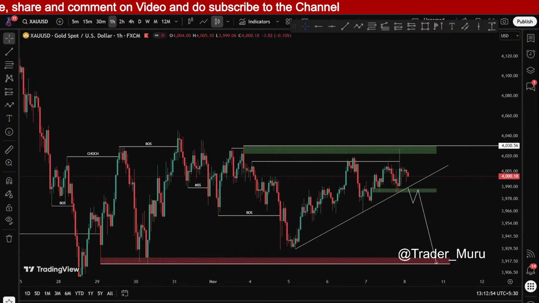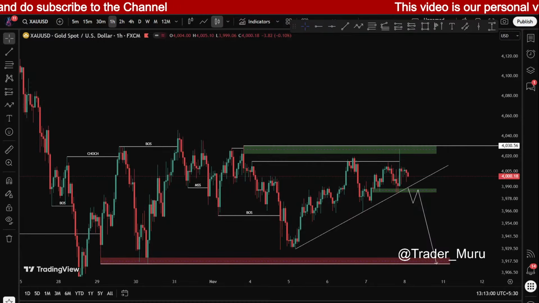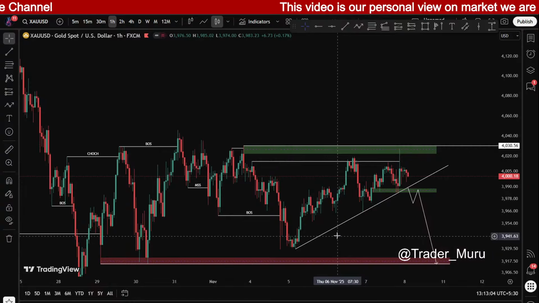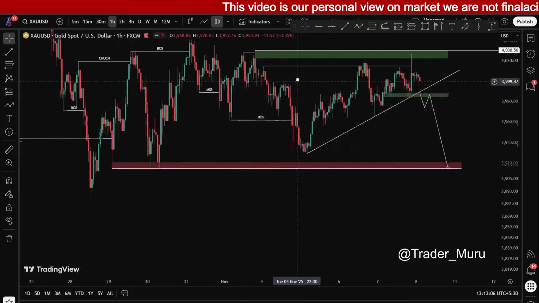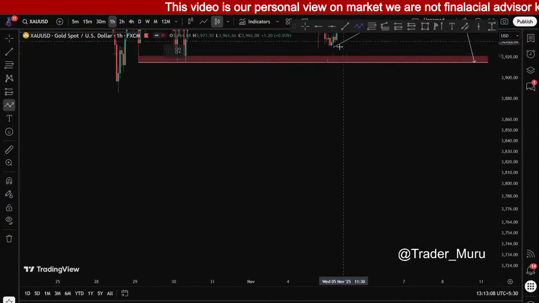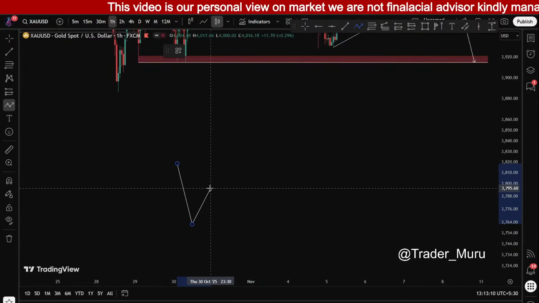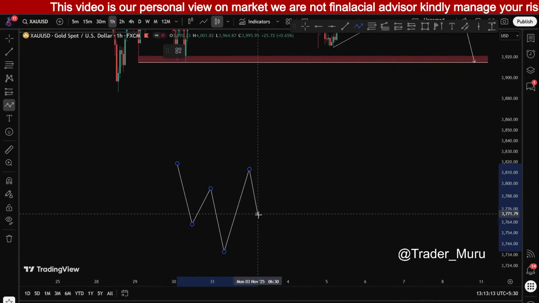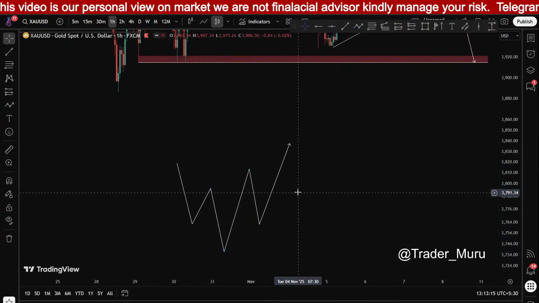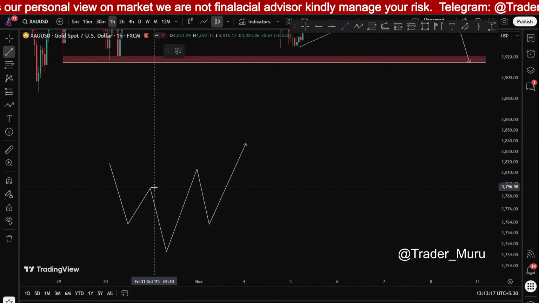Sir, after the change of character, how many zones to buy do we have, and demand means which area we can buy or sell? After the change of character, you have 3 areas to buy or sell.